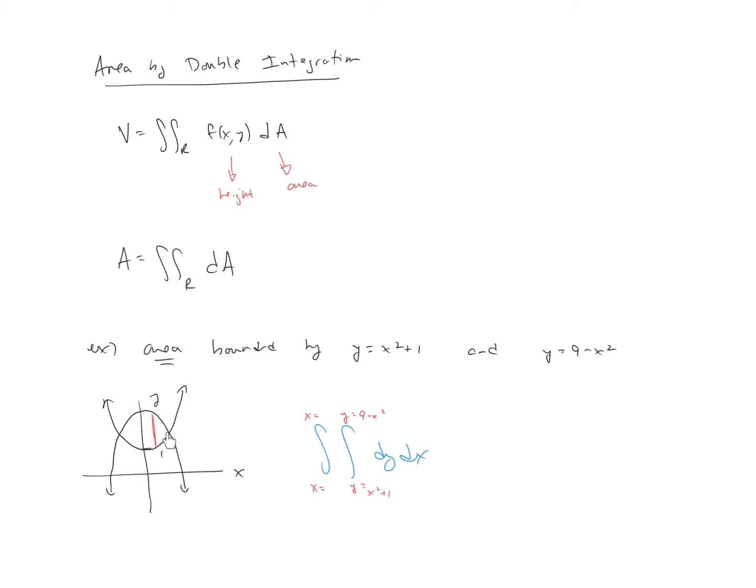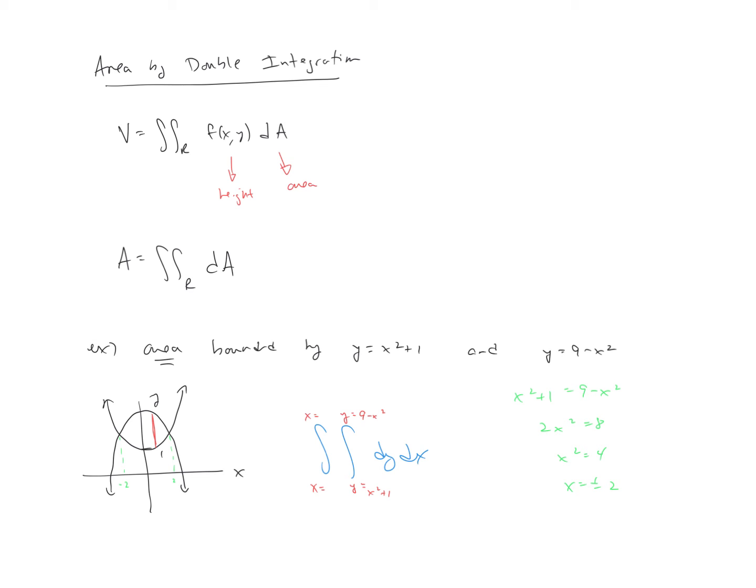To figure that out, we would need to set both of these equal to one another and find the points of intersection. So that would be x squared plus 1 set equal to 9 minus x squared, which is going to be 2x squared equals 8, x squared equals 4, so x equals plus or minus 2. So this guy here would be negative 2, and this guy here would be positive 2.